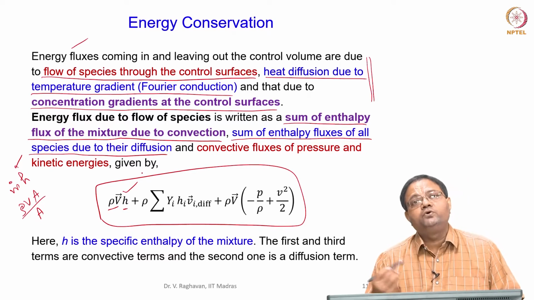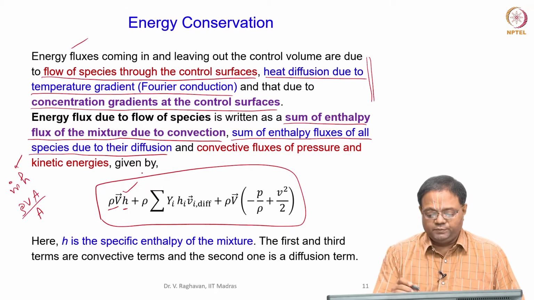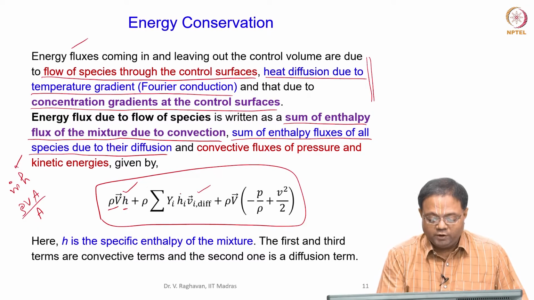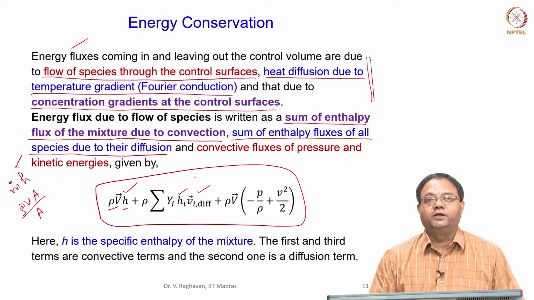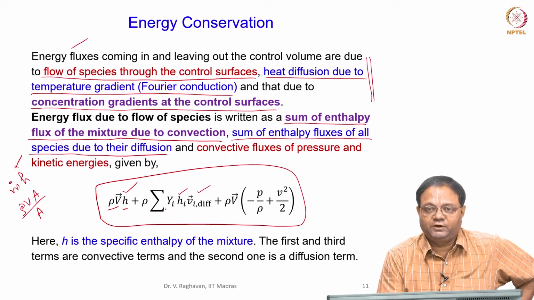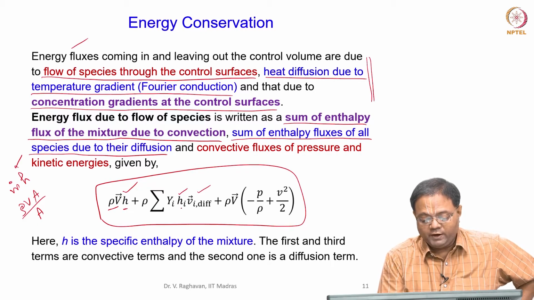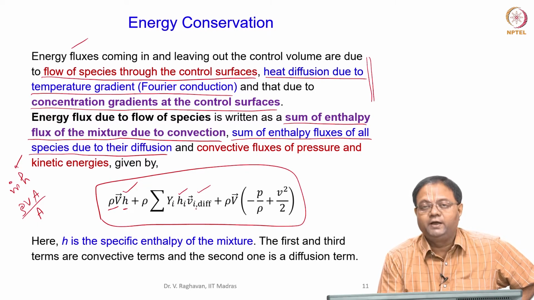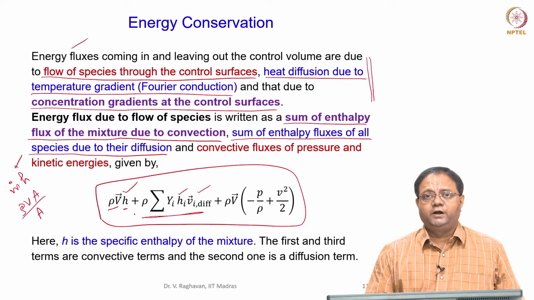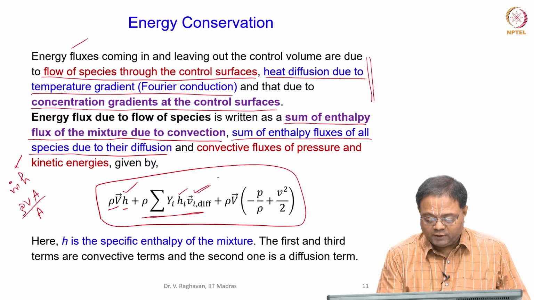Second term is diffusion. Individually, the species can diffuse with their own species velocity Vi diffusion. Okay. While doing so, it will carry its own enthalpy Hi. So, rho Yi, the mass fraction of that, rho i, density of the species, rho into Yi into Hi into Vi. So, this is diffusion. Due to the concentration gradient, thermal gradient and pressure gradient, etc., the diffusion velocity is calculated.